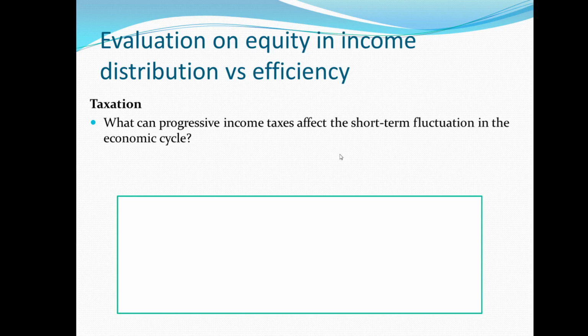But if we have progressive income taxes in our society, what could possibly happen to the short-term fluctuation? If we put progressive tax into our society, what will happen? Any ideas?